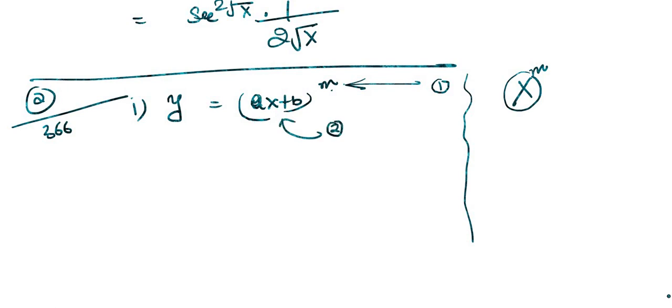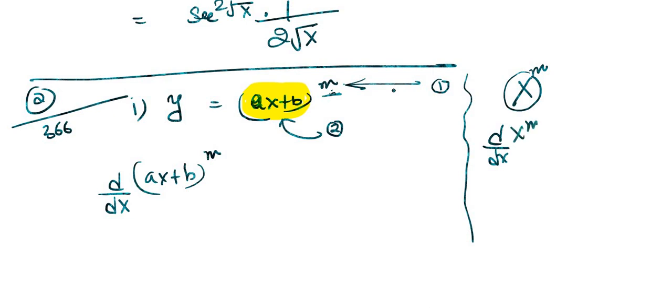Okay. So dy by dx of this function, what will happen? I am giving priority to this. I will think that this is x raised to power m only. This I will think is x only and I will go ahead and differentiate. So what is the derivative of x raised to power m?